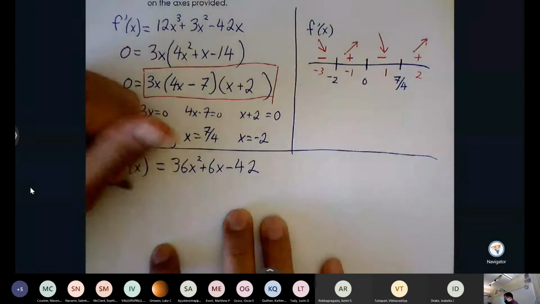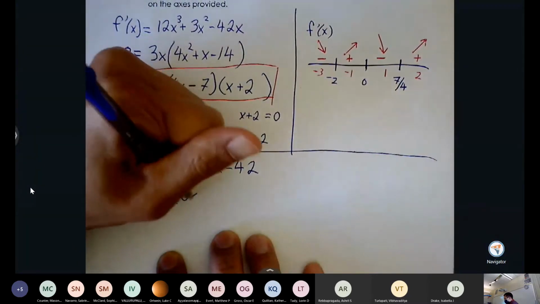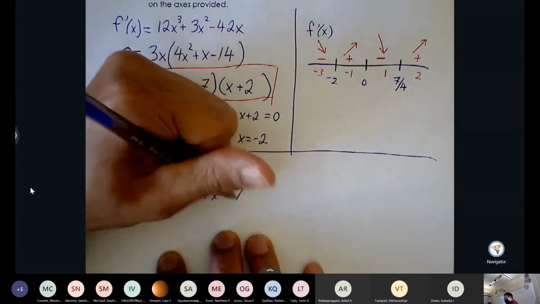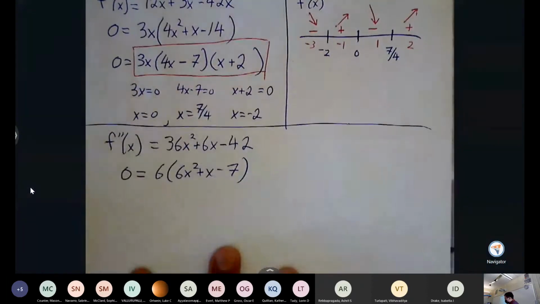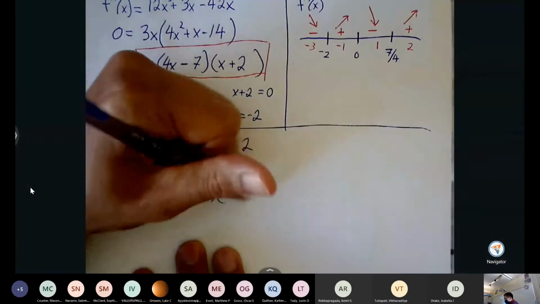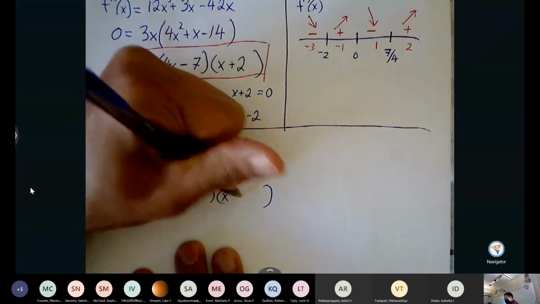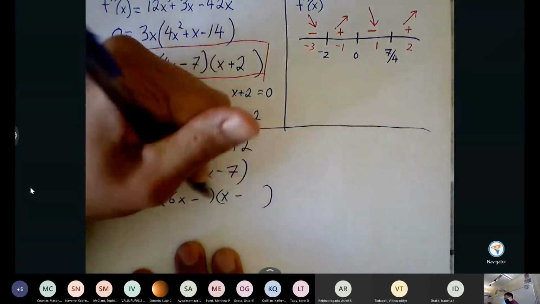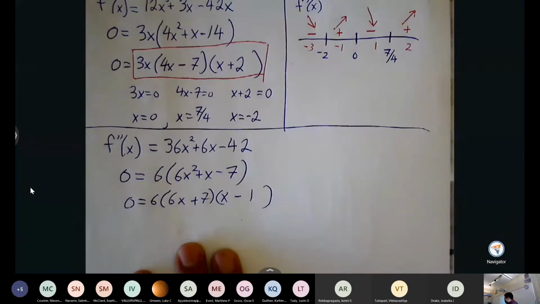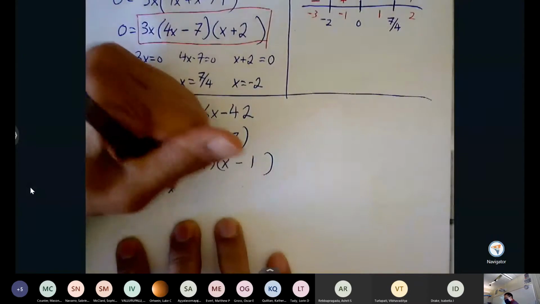Set equal to 0. Factor 6 out. Only 2 critical points.